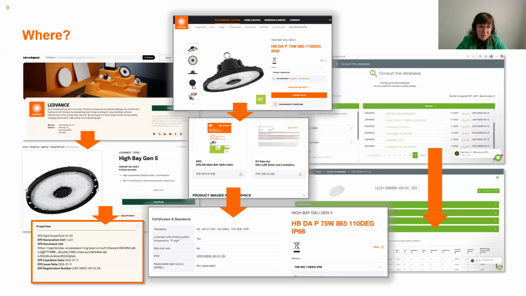And there's also information about EPDs available, not yet the raw numbers, but at least a link to the PEP EcoPassport platform, which is quite helpful, or should be quite helpful. And I'm also always happy to receive feedback on where to find our EPDs or how to understand certain results.